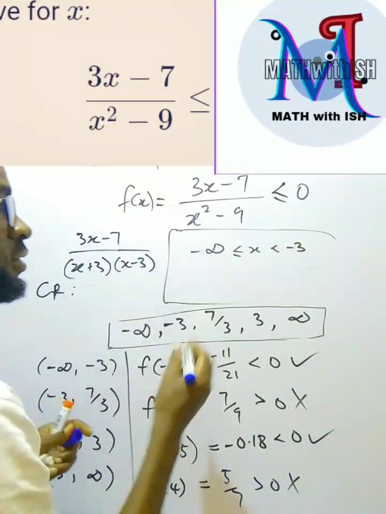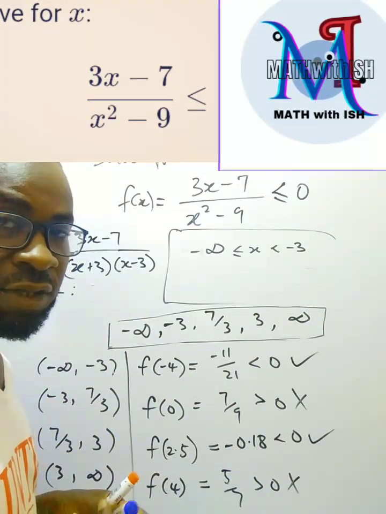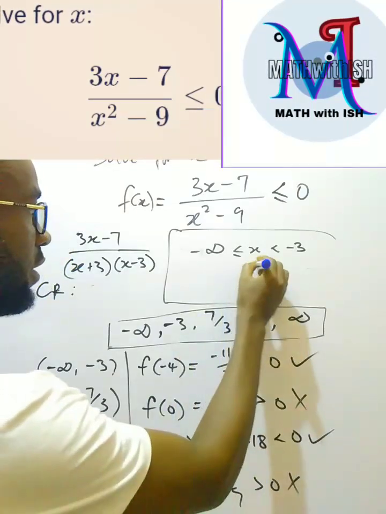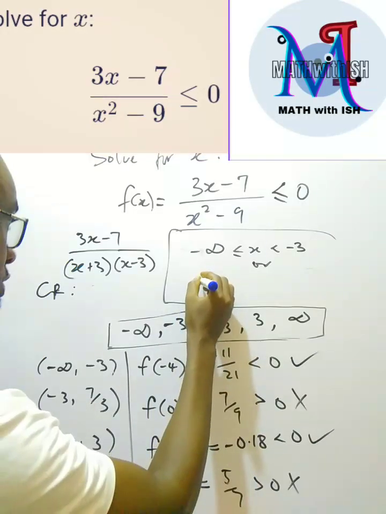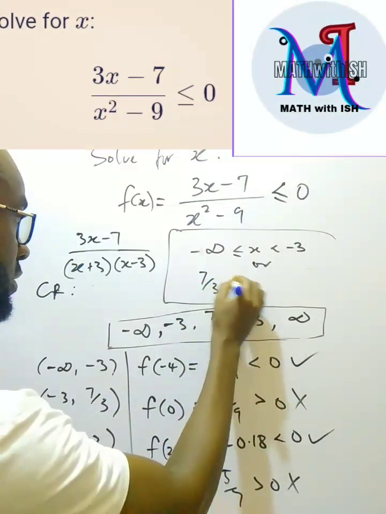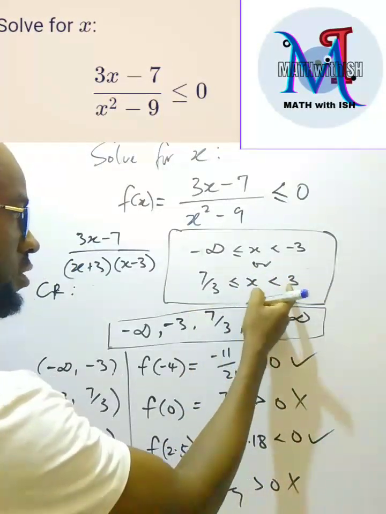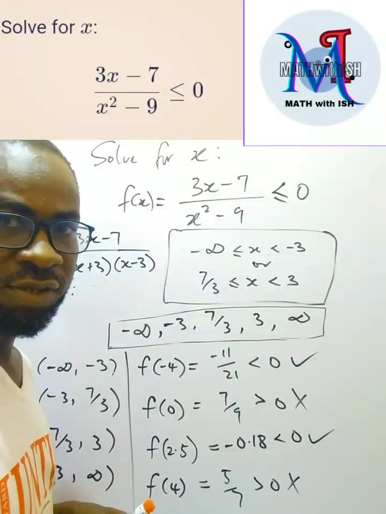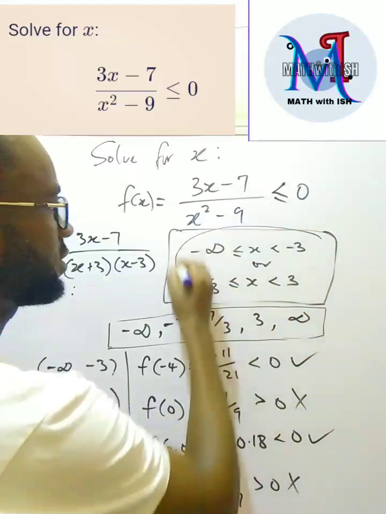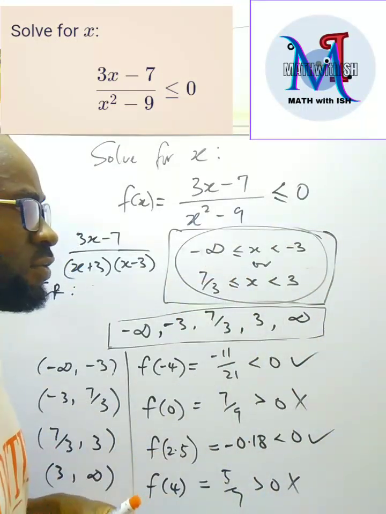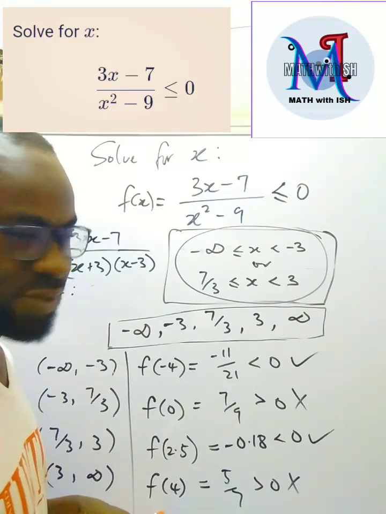Remember, minus 3 is not included because it will make this expression undefined. Another range of values of x is 7 over 3 is less than or equal to x is less than 3. This is also not going to include 3 because 3 will be undefined as well. So this is our solution to this problem: minus infinity less than or equal to x less than minus 3, and 7 over 3 less than or equal to x less than 3.